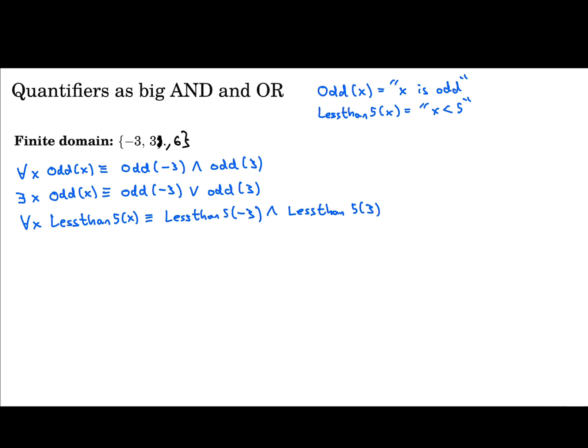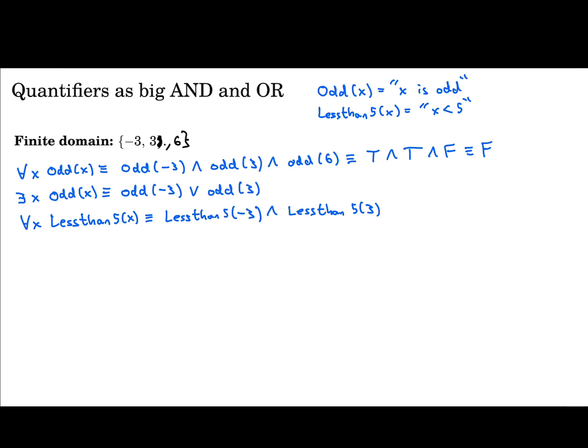And so now I would need to check odd of x for -3, for 3, and odd of 6. Now in this case, odd of -3 was true, and odd of 3 was true, but now odd of 6 is false. And we know that when you do an and with at least one false, you will get a false. So now it is not true that for this domain with 6 that every x is odd, right?